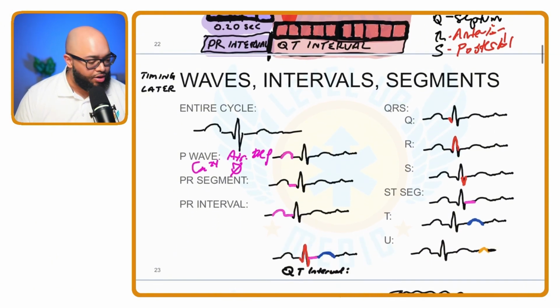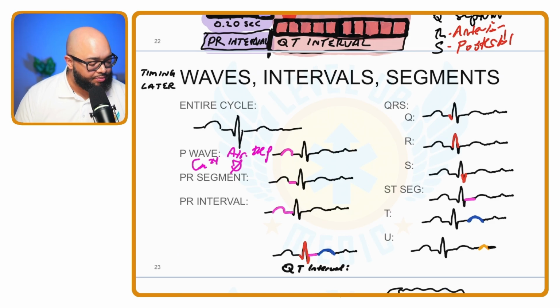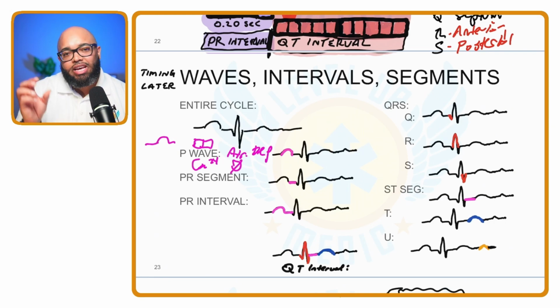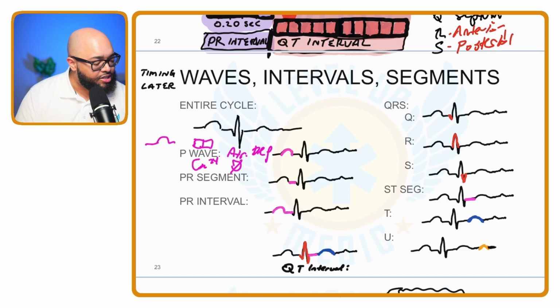Next part on your workbook is PR segment. PR segment is here. By the way, the P wave should be upright and rounded, and it should take place within 2 little boxes worth of time. PR segment should also take place within 1 to 2 little boxes worth of time. It's really small. PR segment represents atrial contraction.